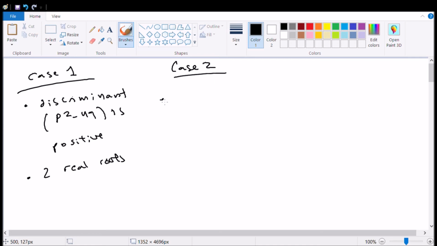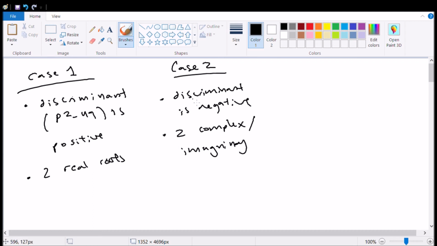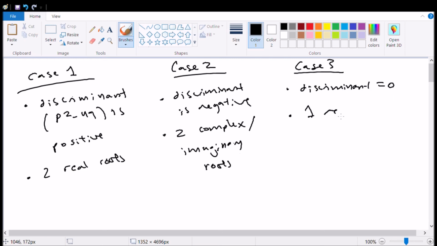Case 2, discriminant is negative, and so there are 2 complex / imaginary roots. And then the last case, case 3, is that the discriminant is equal to 0. And so there is only 1 real root.